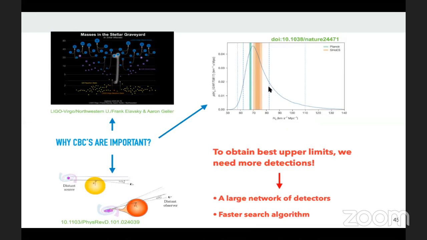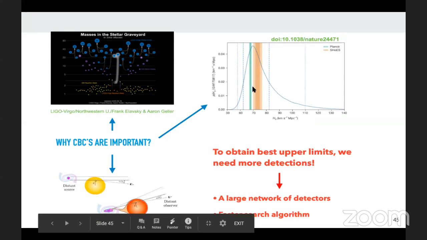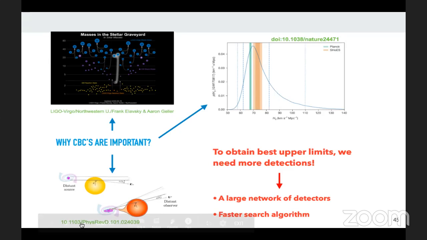This will be shrinking over a few years when we have more and more detections. To constrain this plot, we need to build a larger number of detectors so that we can get more and more sources, and we need to develop faster search algorithms so that we don't miss any neutron star detections.